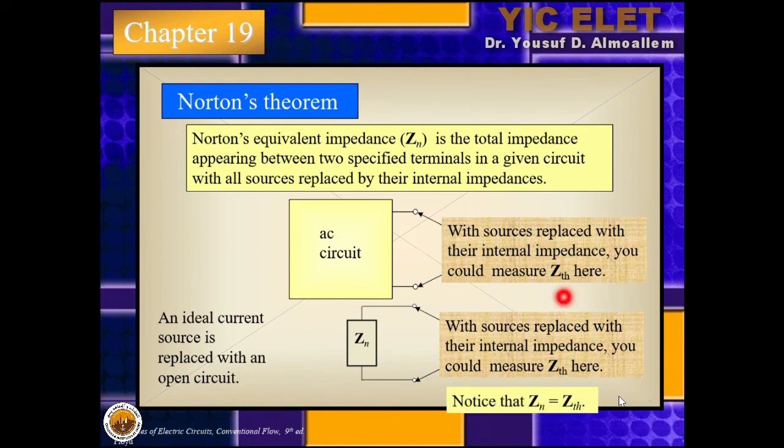You can note that Zn will be always equivalent to Z Thevenin. So the Norton impedance will be equal to this Thevenin impedance. The main change between them is only the current source in Norton will be somehow connected to the voltage source in the Thevenin by the Ohm's law simply. So just if the equivalent impedance is the same, you just divide or multiply to move from one variable to another variable using Ohm's law.